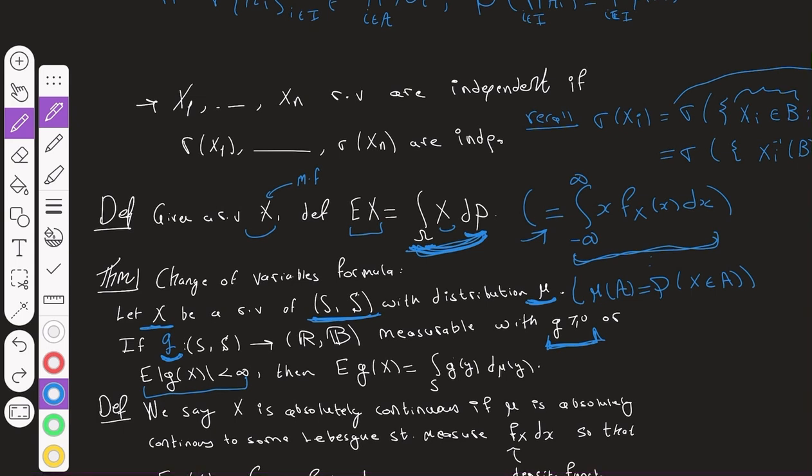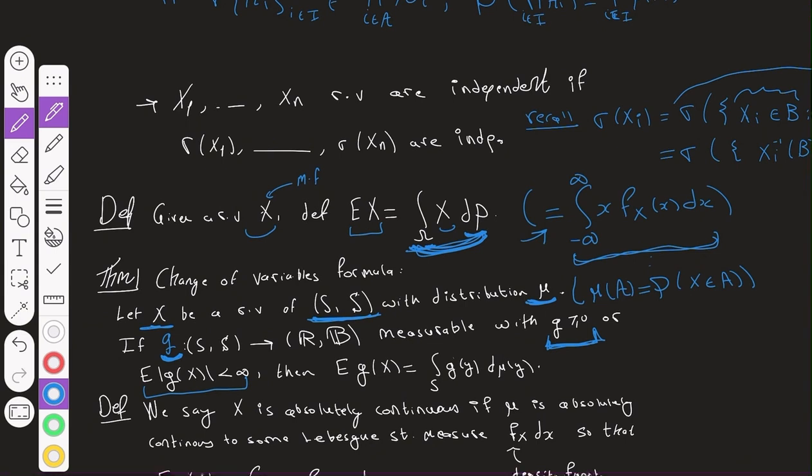Then we have this nice formula: the expected value of G of X can be computed as the integral of G of little y, d mu of y, where mu is this measure. So one more time, what is happening here? We have this measurable function G, and what can we do to measurable functions? Well, we can integrate them.